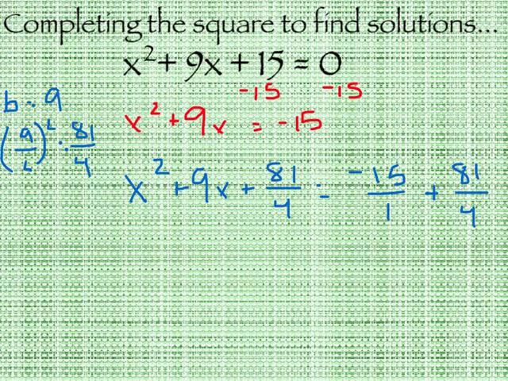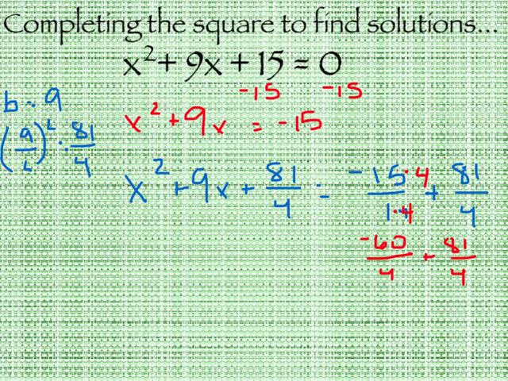Now, of course, since I put it over 1, you already know what we're going to have to do. Find some common denominators. So we will multiply the top and the bottom by 4, and we would end up with negative 60 over 4 plus 81 over 4.